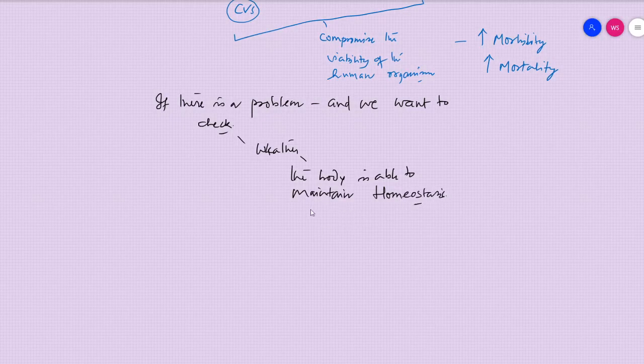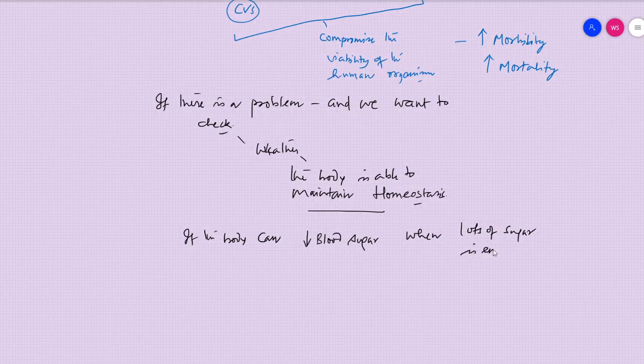So if we want to do this, we need to check if the body can decrease blood sugar when lots of sugar is entering the blood. Okay, when is lots of sugar entering the blood? It is the fed state.